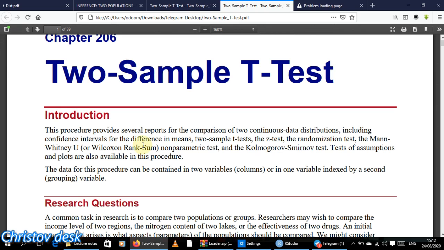Now when we say the t-test, what we're trying to do is that we have two distributions, distribution 1 and distribution 2. Remember that when we say distribution, it comes from the fact that there is a certain population.